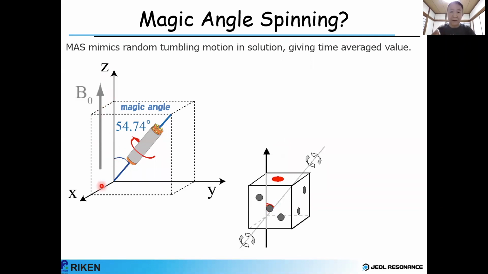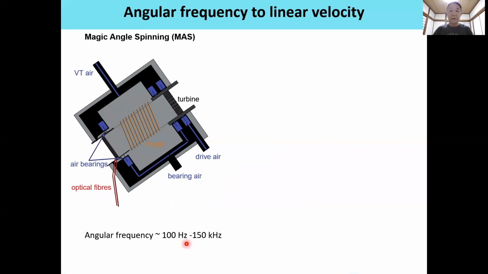We can average the anisotropic interaction in a time averaged manner, and then we have a high resolution NMR spectrum. We have to spin the sample at a very fast rate. As we discussed, now the spinning frequency reaches higher than 150 kHz. This is very rapid in terms of angular frequency.